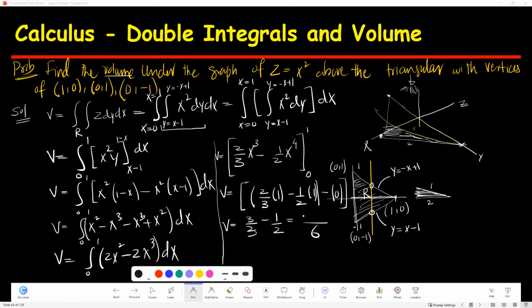So it's going to be 6 minus 3, it's going to be 3 over 6. We can do half, and that is pretty much our answer.